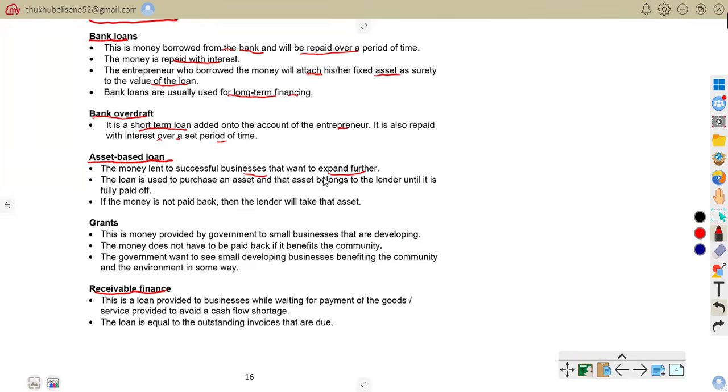The loan is used to purchase an asset. That asset belongs to the lender until it is fully paid off. If the money is not paid back, the lender will take that asset.